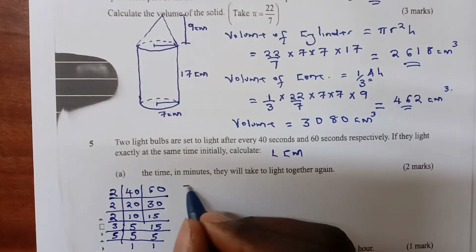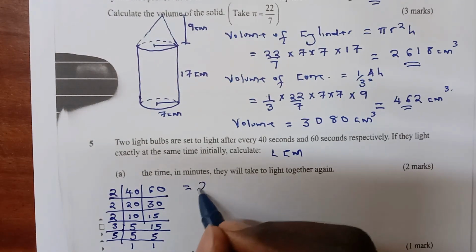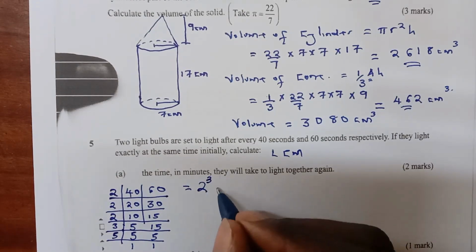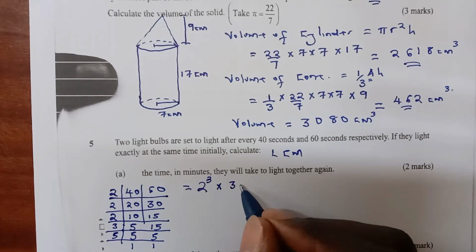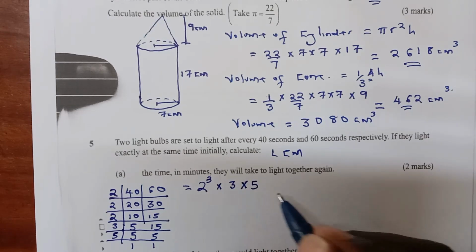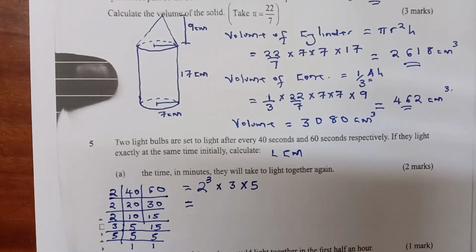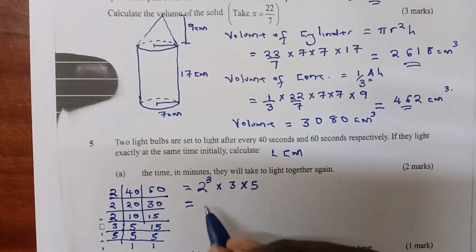So you can see that the LCM of these is 2 raised to 3, multiplied by 3, then multiplied by 5.